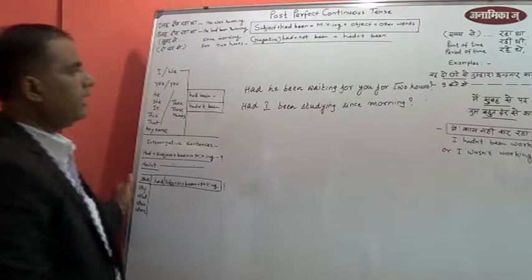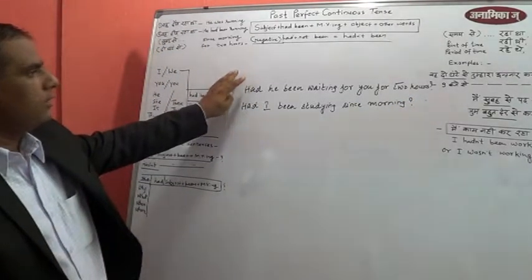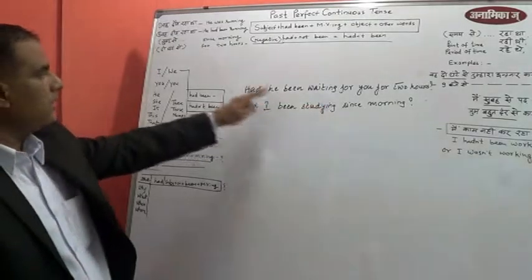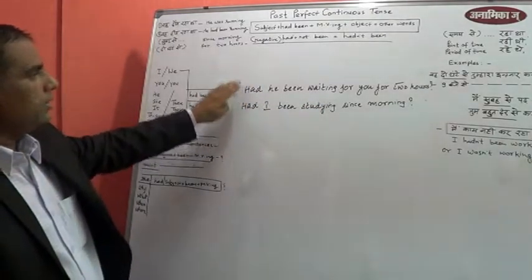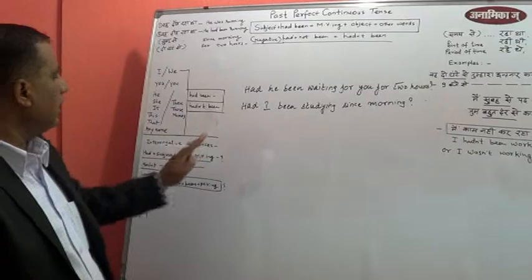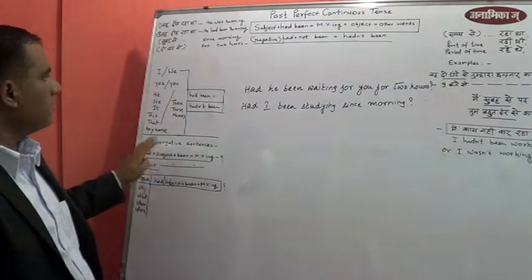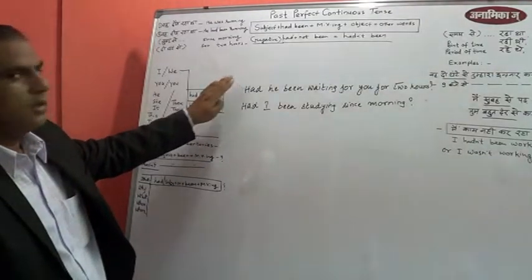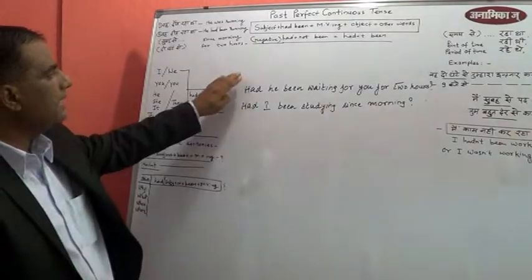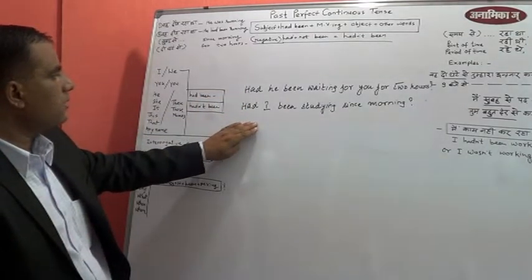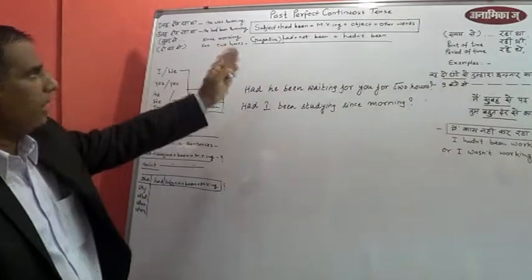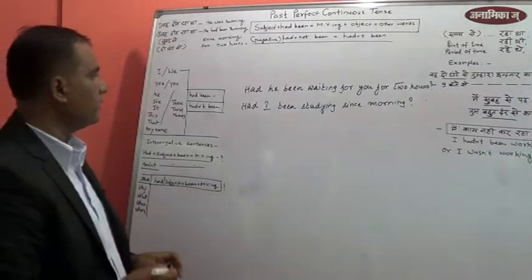Had I been studying since morning? So we have converted positive sentence into interrogative sentences with the help of this interrogative structure. So this had coming in the beginning is an indicative of yes or no questions of past perfect continuous.